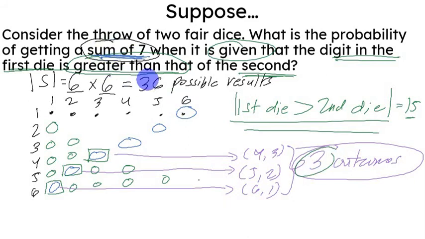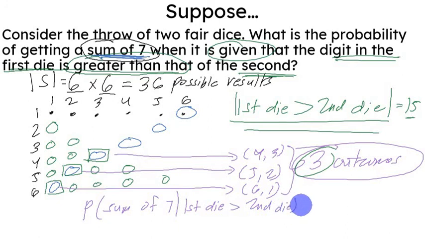In other words, the probability of getting a sum of 7, given, with the vertical line usually read as given, that the digit in the first die is greater than the digit in the second die, is these 3 outcomes out of 15, or in lowest terms, 1/5.